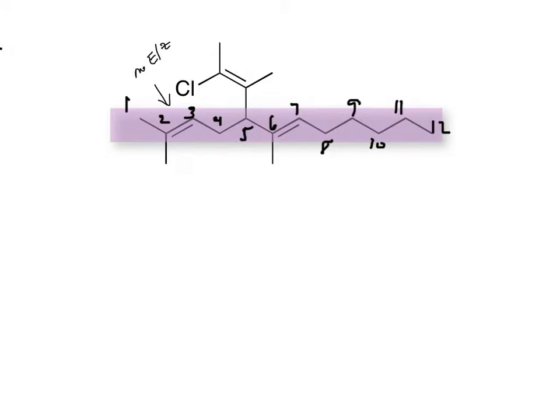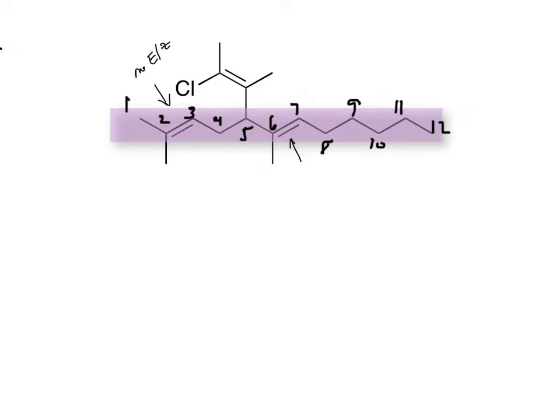Now, how about the one spanning 6 to 7? Do I need to worry about it there? Yeah, right now this long chain is going opposite kind of the whole rest of it. And if I put it up, it's different. So I do need to worry about that. Is it going to be E or Z? E. We have to prioritize each one, right?